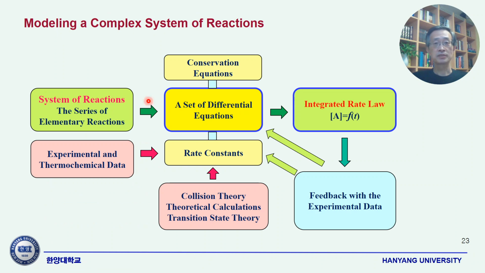Okay, so this is where we are, and this is a map for modeling a complex system of reactions. We have a system of reactions, and then we develop a set of differential equations for those, and then we are going to solve it. In order to do this, we have to fulfill the conservation equation, and then rate constant information.